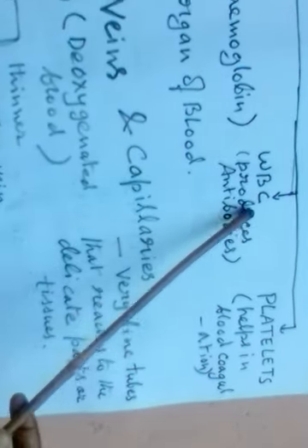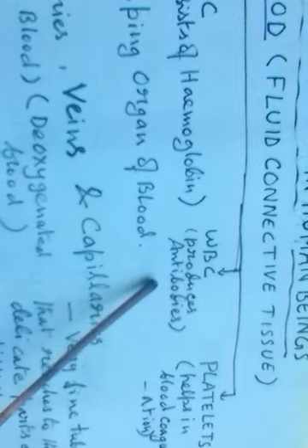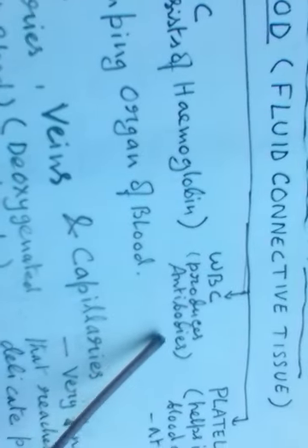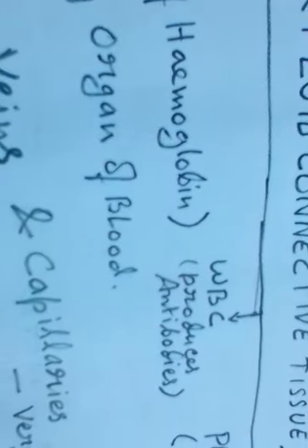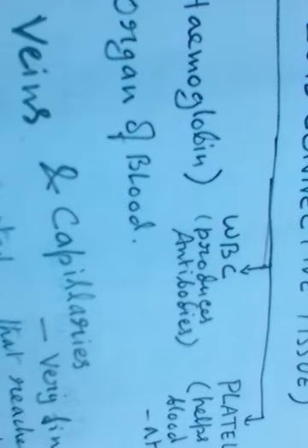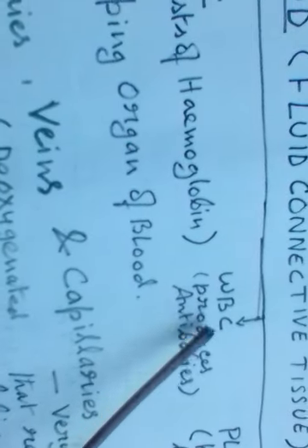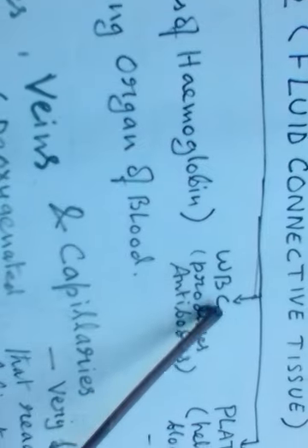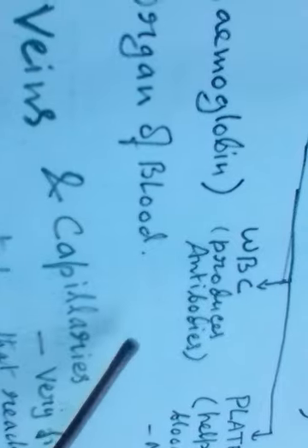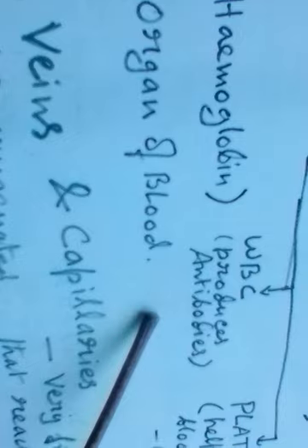Now, another group of cells is the WBC, white blood cells or white blood corpuscles. It is meant for the protection of the body. It produces antibodies against different antigens when infection occurs. It has many types of cells like basophils, neutrophils, and many others, with different shapes, and contains a nucleus.